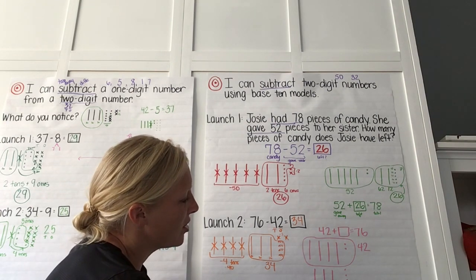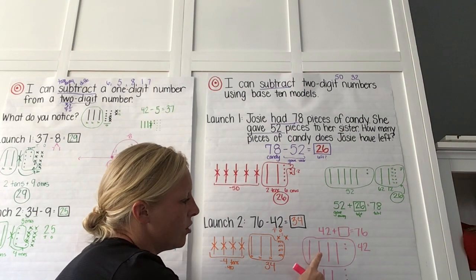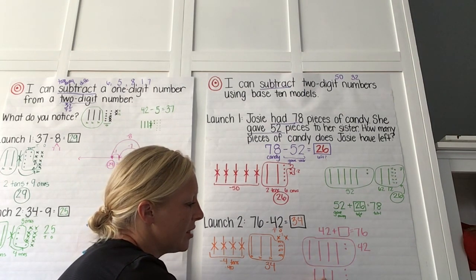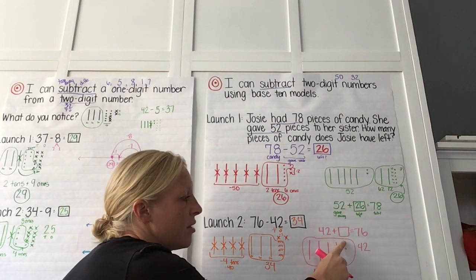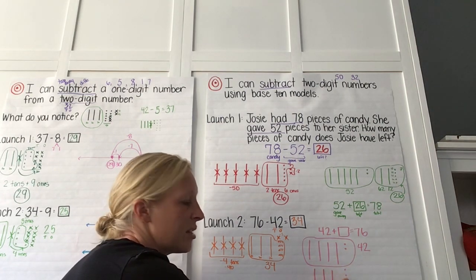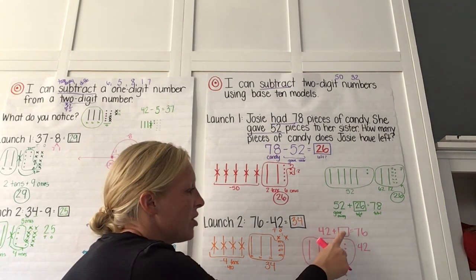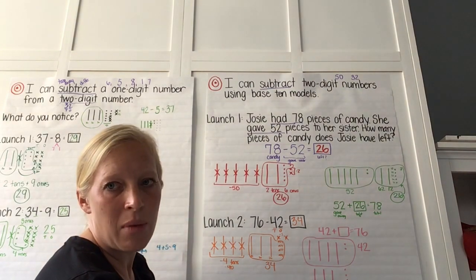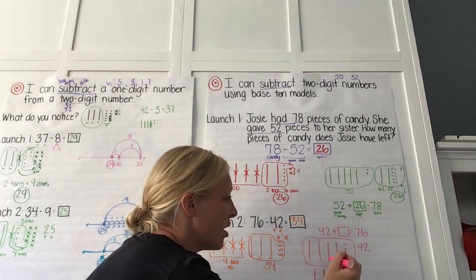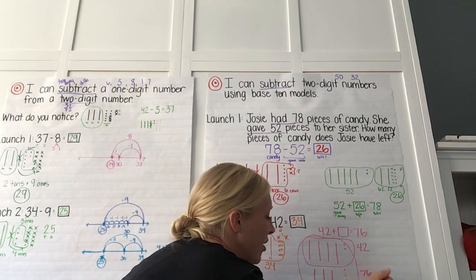So where is your 76 in your model? 10, 20, 30, 40, 50, 60, 70, 71, 72, 73, 74, 75, 76. So then where is your unknown in this model? So we had 42 to start, 76 all together.